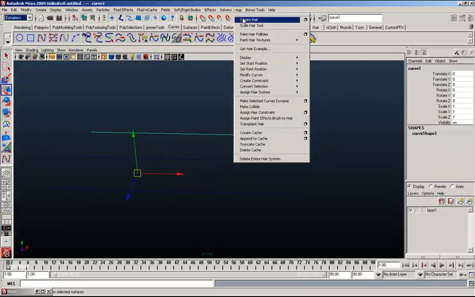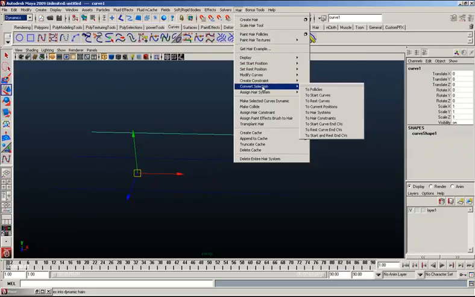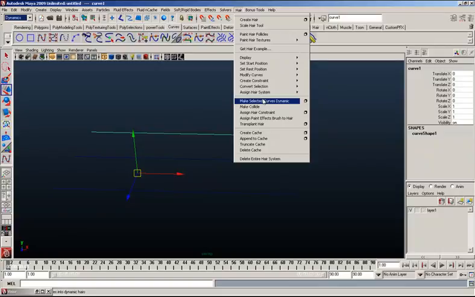Aha! We're not gonna make hair yet. We're actually just gonna convert. There we go. Make selected curves dynamic.